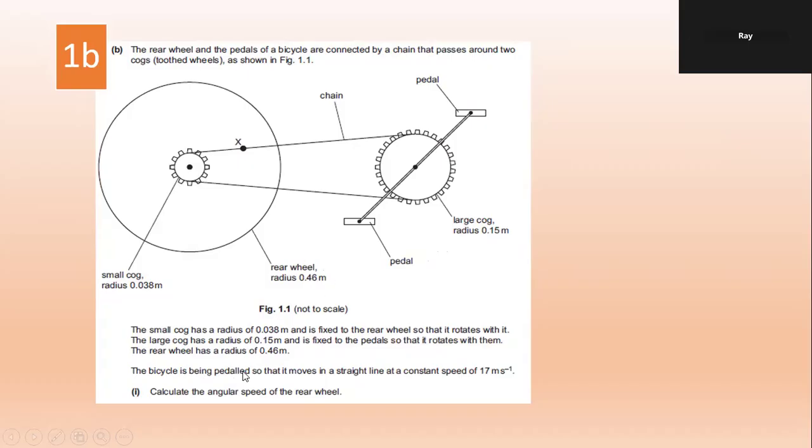The bicycle is being pedaled so that it moves in a straight line at a constant speed of 17 meters per second. Calculate the angular speed of the rear wheel. Okay, how do I calculate that? What formula to use?